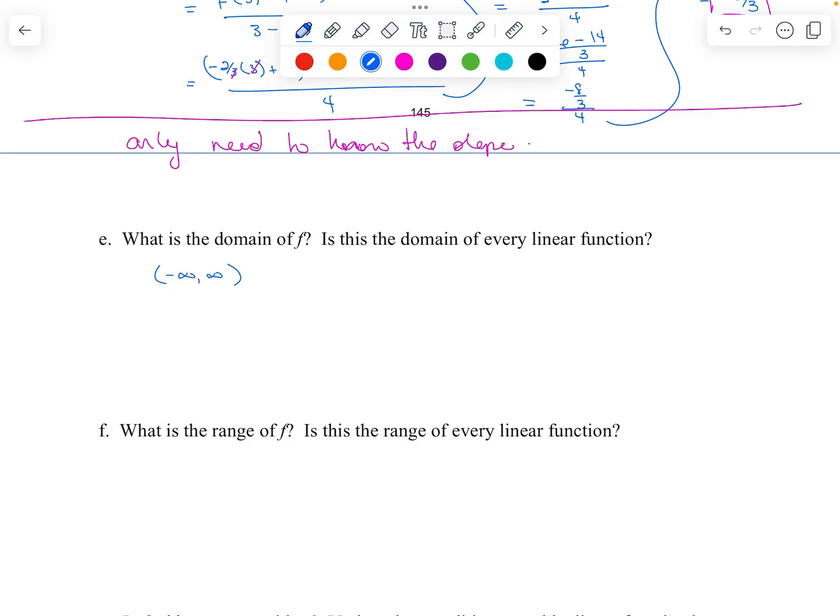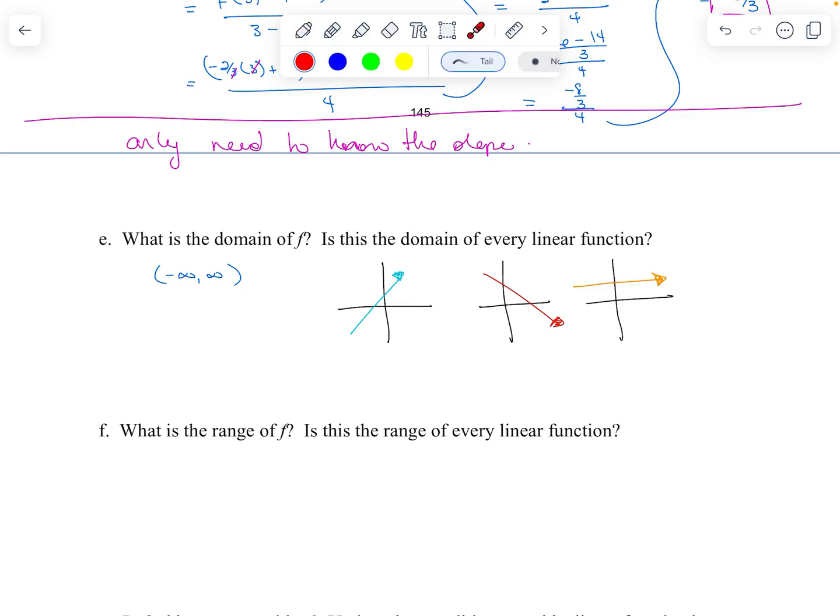So let's consider the 3 types of linear functions. The first type is that we can have an increasing function, we could have a decreasing function, and we can have a constant. So is this the domain for all linear functions? Yes.